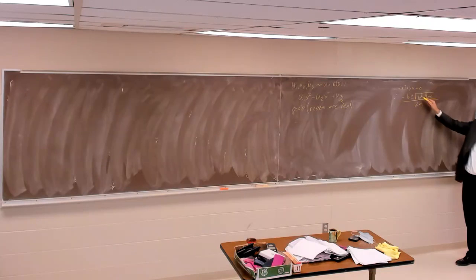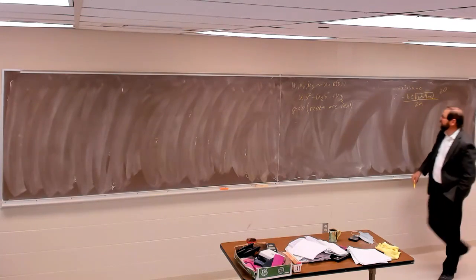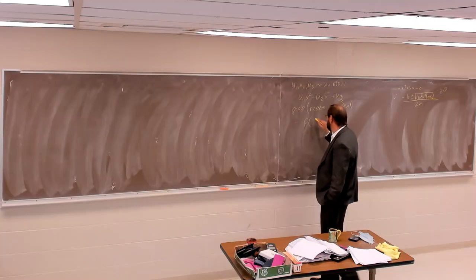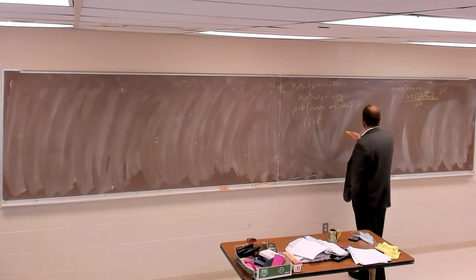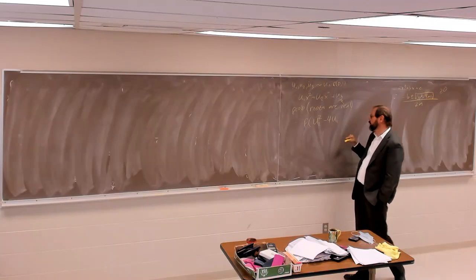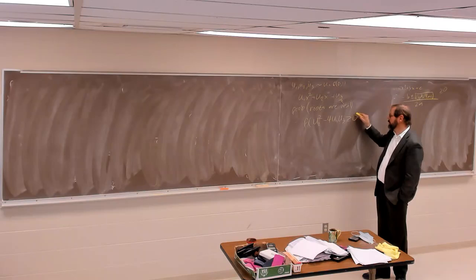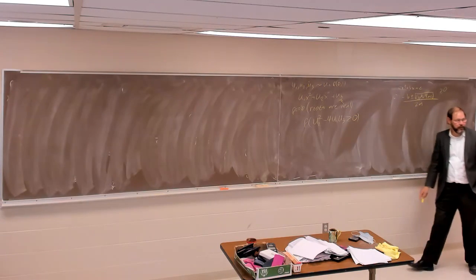And the roots will be real as long as this part is greater than or equal to 0. So in this particular case, as long as U2 squared minus 4 times U1 U3 is greater than or equal to 0, then the roots will be real.